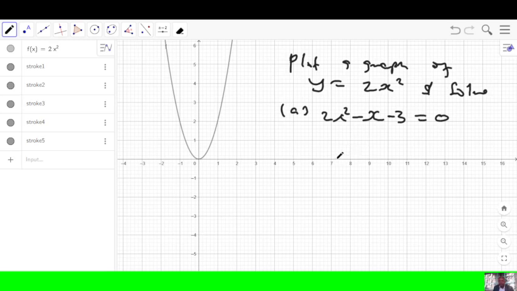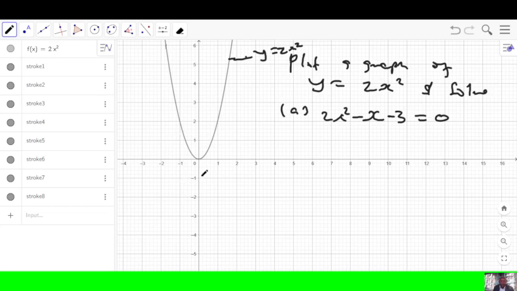Now, remember, this is our graph. This graph is y equals 2x squared.